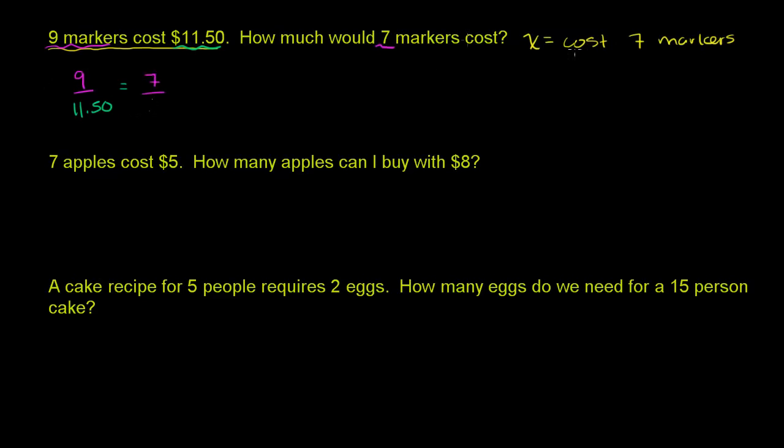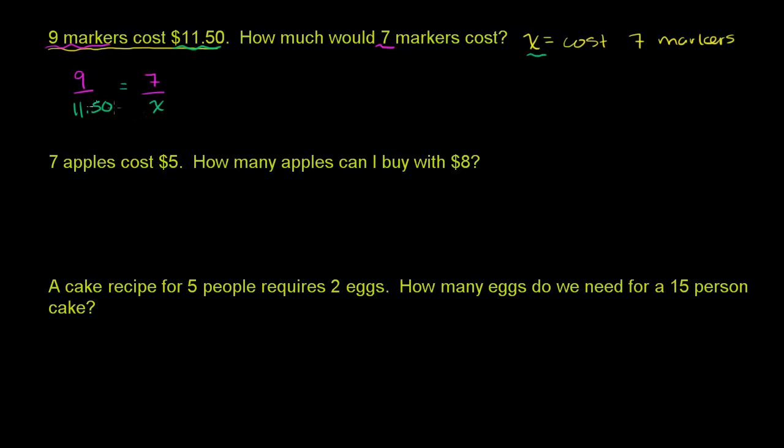So let me do x in green. This is a completely valid proportion here. The ratio of 9 markers to the cost of 9 markers is equal to 7 markers to the cost of 7 markers. And then you could solve this to figure out how much those 7 markers would cost.